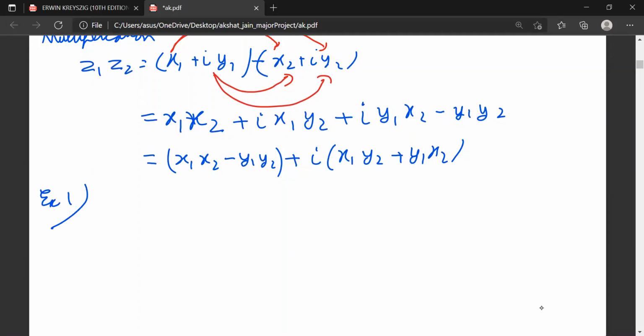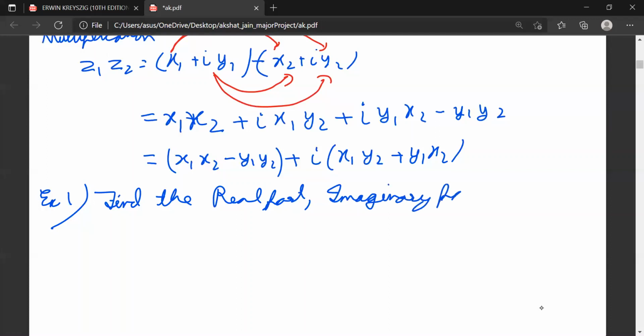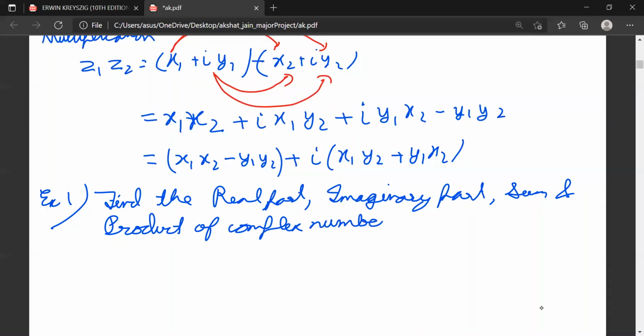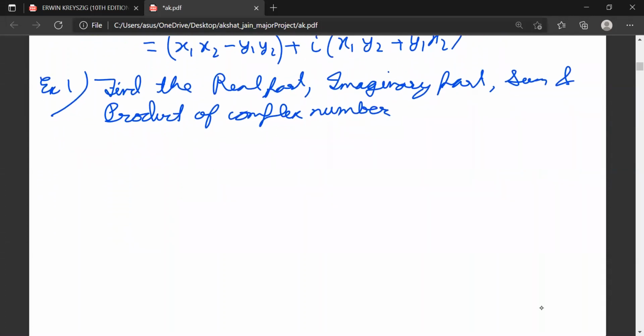Find the real part, imaginary part, sum and product of complex numbers.